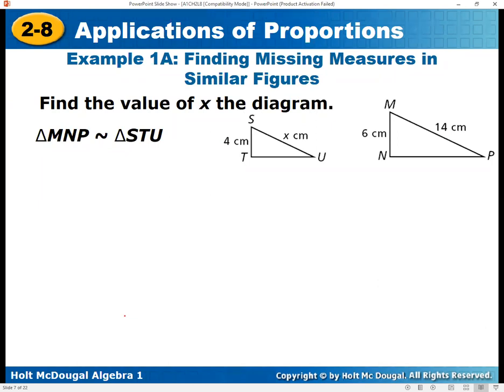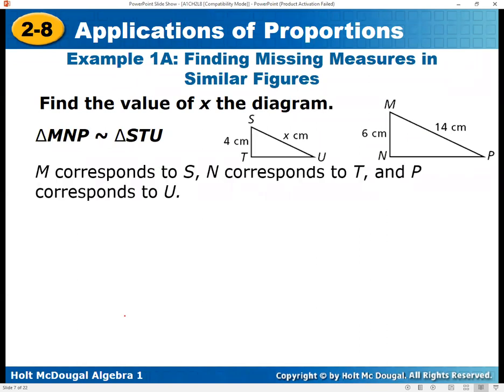In this question, could you please read the first part? He said, find the value of x in the diagram. He said the triangle MNP is similar to the triangle STU, right?